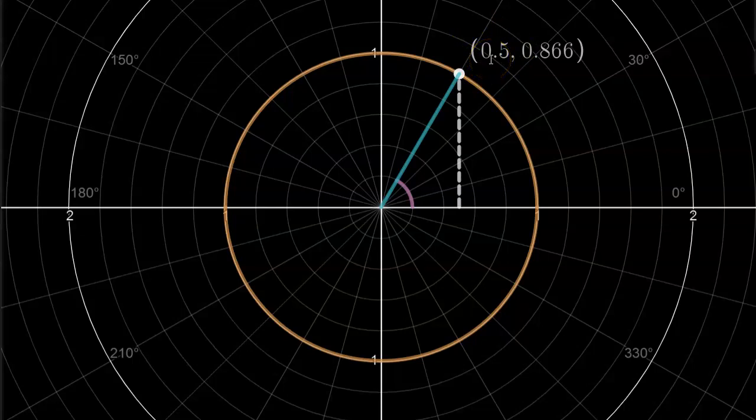Similarly, if you are considering the sine ratio, you'll remember that the sine ratio is the opposite side divided by the hypotenuse. And the opposite side in this case is the height of the triangle, 0.866, but divided by 1, again, the 1 is redundant, and so our sine is just the height, or just the y-coordinate, at that point.